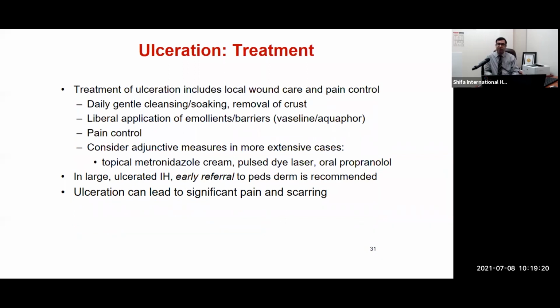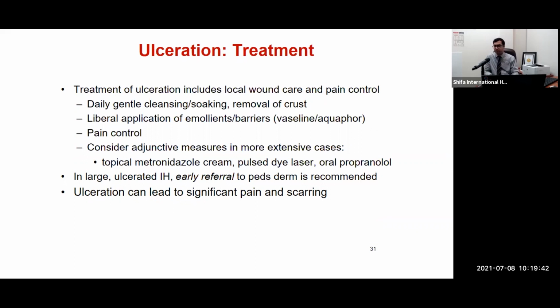Treatment now: gentle cleansing, soaking, removal of crust. But remember, ulceration is painful. Please do consider pain relief in a child. If the normal painkillers don't help, you might have to step up to morphine or any sort of stronger opioid-based analgesia.